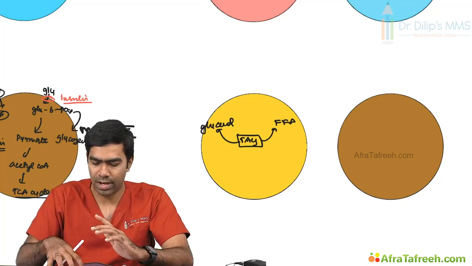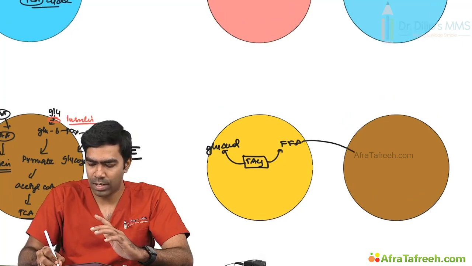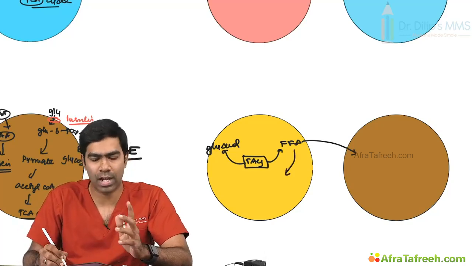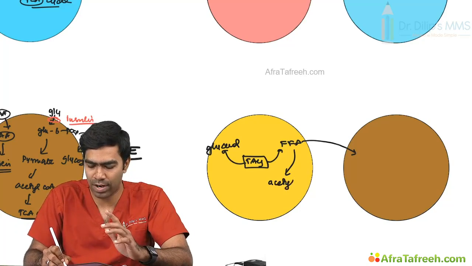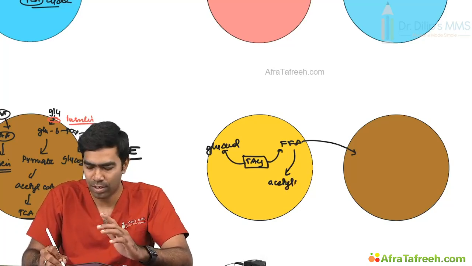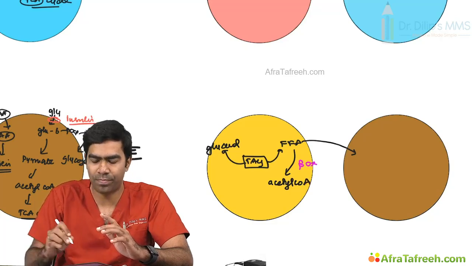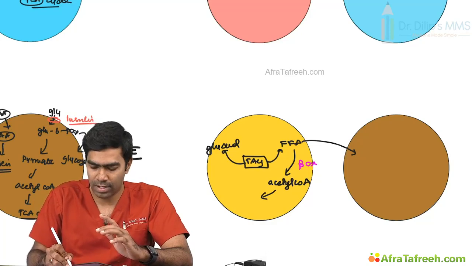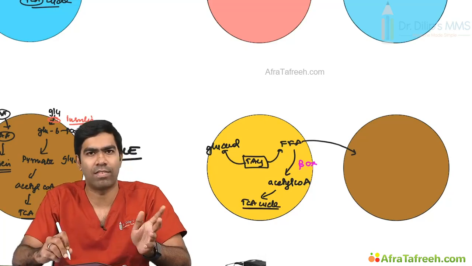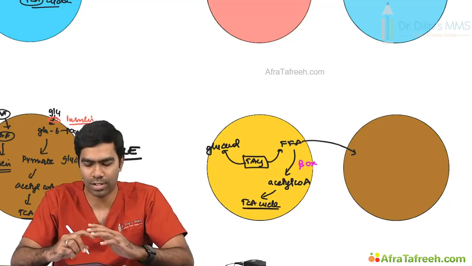And free fatty acids will be taken up by the adipose as well as by the muscle, because adipose will now be relying on free fatty acids as a primary source of fuel, where free fatty acids through beta oxidation can be converted to acetyl-CoA, where acetyl-CoA definitely will enter the TCA cycle and can yield enough energy, like 10 to 12 ATPs, which we have discussed already.